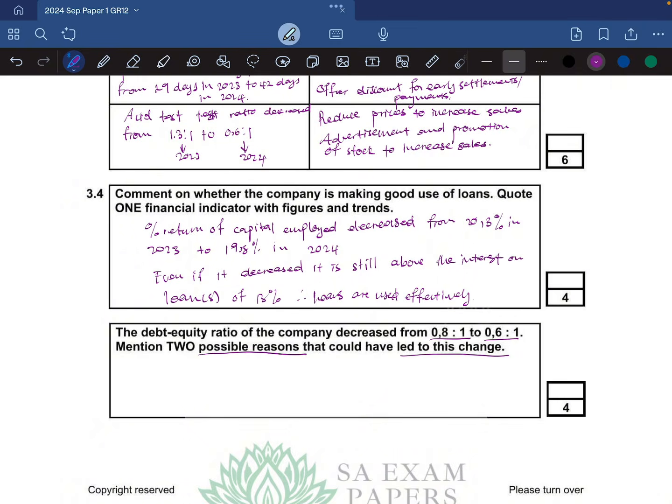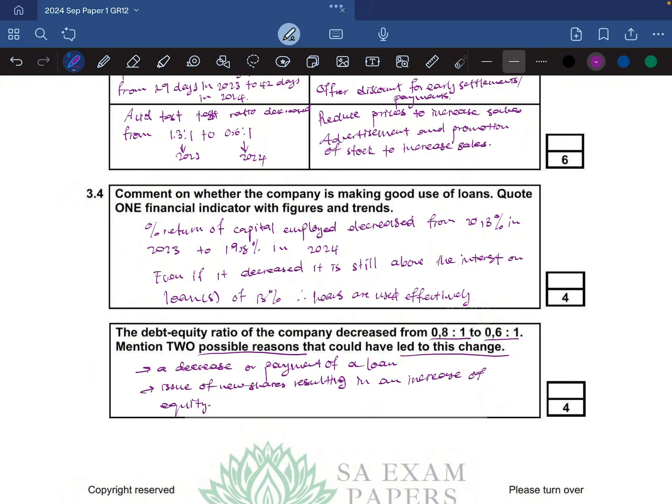Or on the other hand, you could have had an increase on your equity. When you are issuing new shares, your equity increases. So those two things could have happened. So here we could have had a decrease or payment of a loan, or we could have had issue of new shares, resulting in an increase of equity.